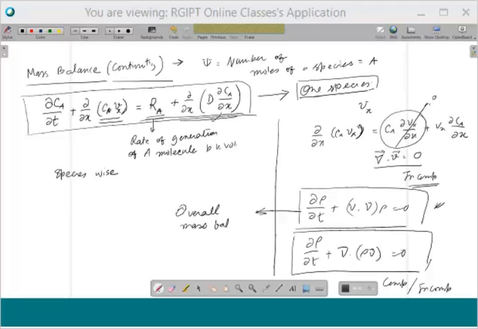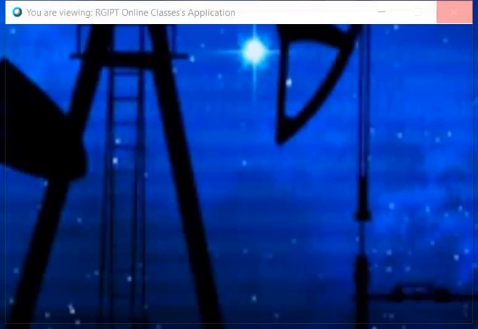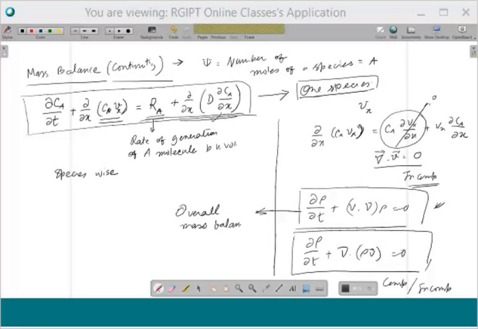Again, this will give us an equation. Hold on, I didn't finish this one actually. There's a further simplification that's possible. You can assume diffusivity to be constant.